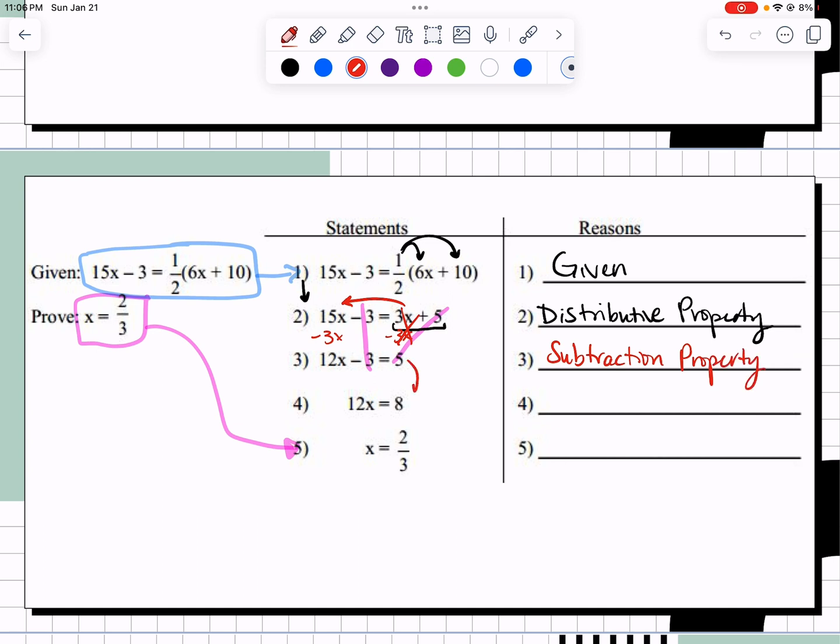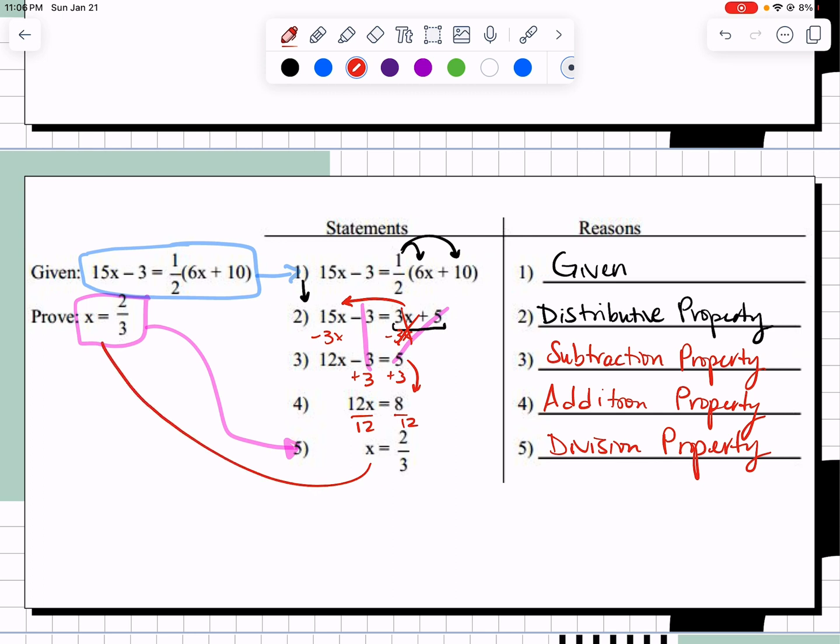From line 3 to line 4, I would have moved the 3, it looks like, to get 8. So this is the addition property. And last but not least, divide by 12 to get 2/3. So this is the division property. No symmetric property needed here because the x is in the exact place that it's supposed to be based on the proof statement.